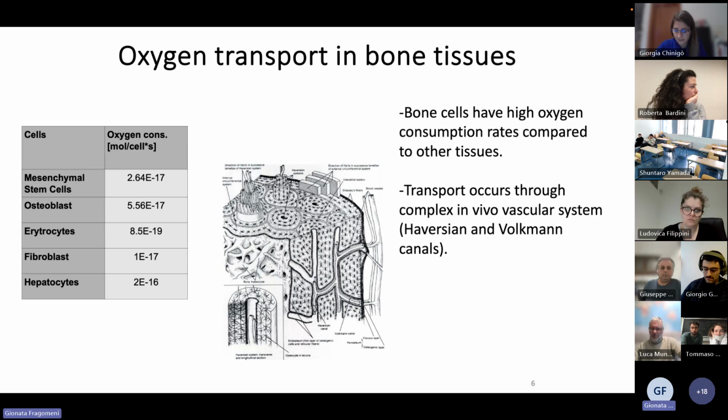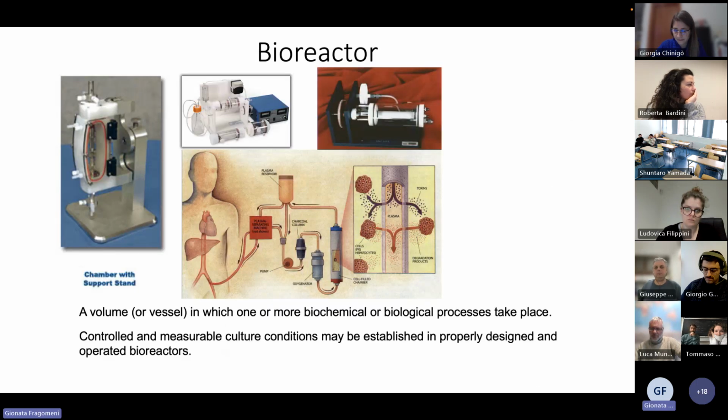But what is a bioreactor? In this slide you can see different types of bioreactors.